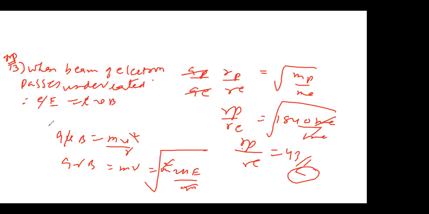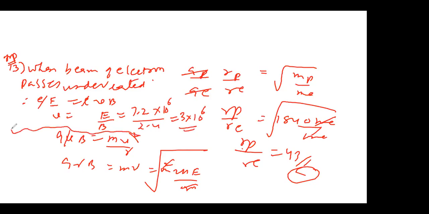If B is given, what is the velocity? So velocity v is E upon B. E is 7.2 into 10 raised to 6 upon 2.4 Tesla. That will become 3 into 10 raised to 6. So velocity is 3 into 10 raised to 6.